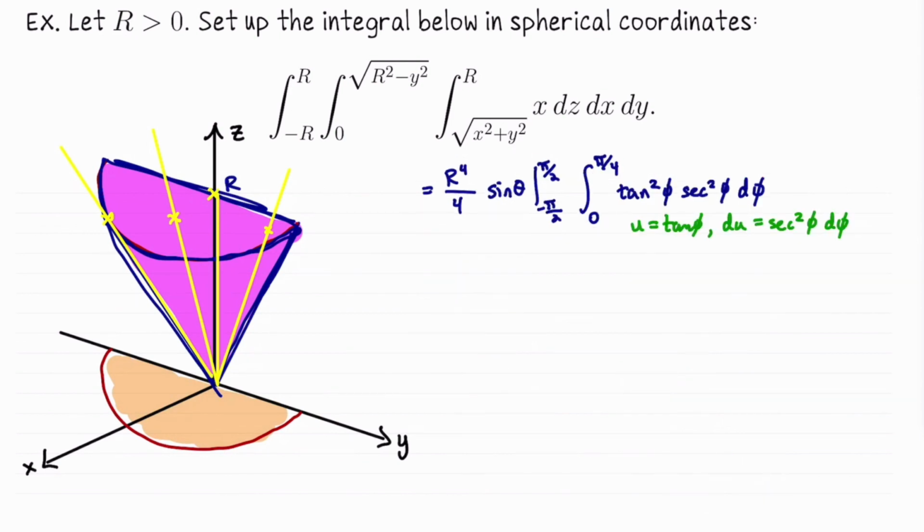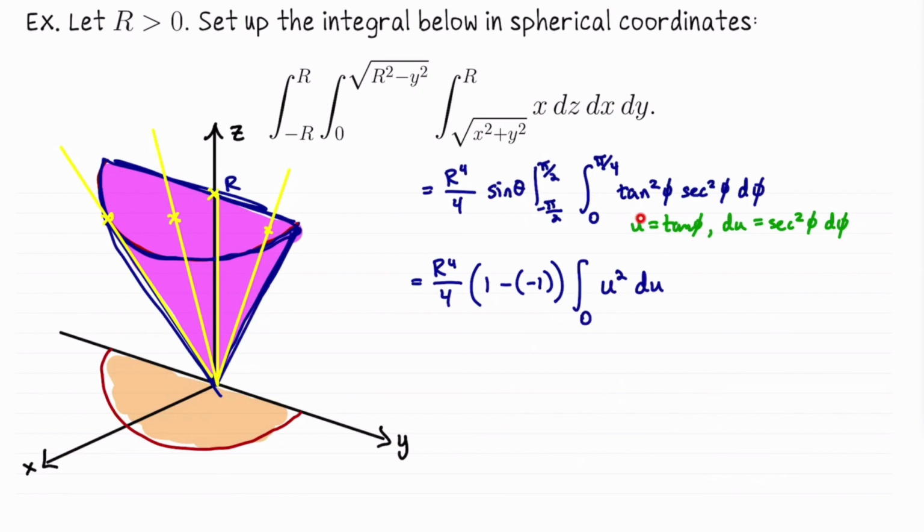Okay, so we're almost done. We have r to the 4th divided by 4. Sine of pi over 2 is 1, minus sine of negative pi over 2 is negative 1. And then lastly, tangent squared phi we'll write as u squared, and then secant squared phi d phi is du. To change our bounds, we'll realize that when phi is 0, u is tangent of 0, which is 0.